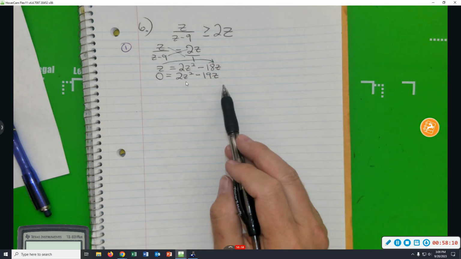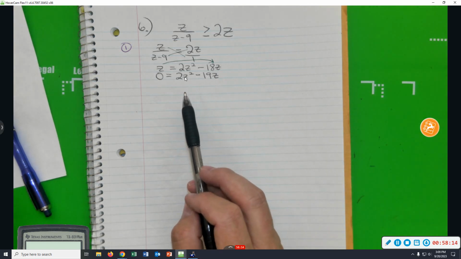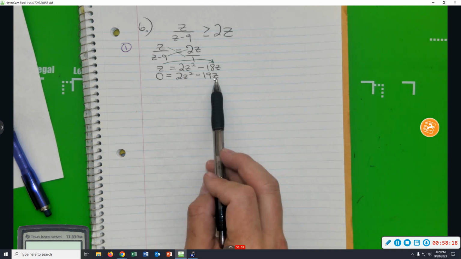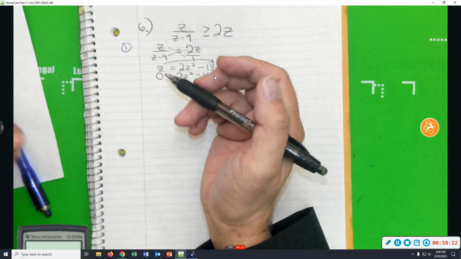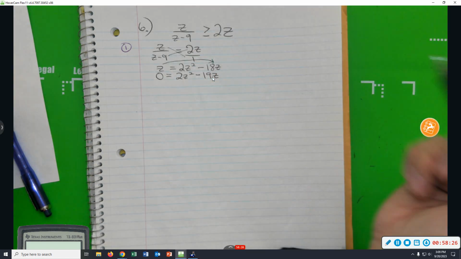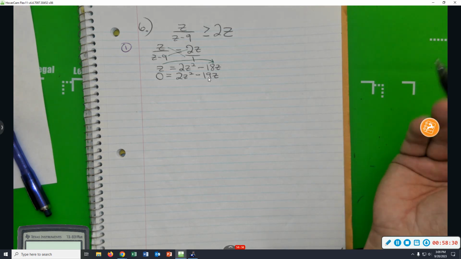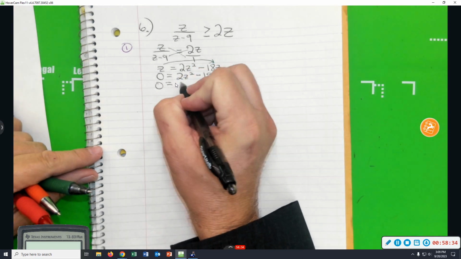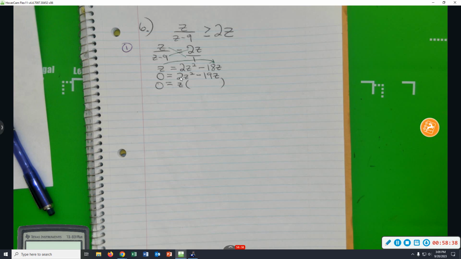There are only 2 terms here, the most basic form of factoring. I claim we have a common factor. Both of these terms have a common factor of z. We're going to reverse the distributive property. When we're doing the trial and error, we're reversing the FOIL method. Here we're reversing the distributive property. Pull out a z, and what do we have left?